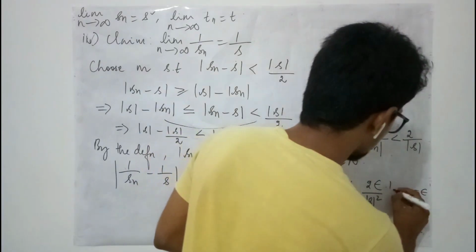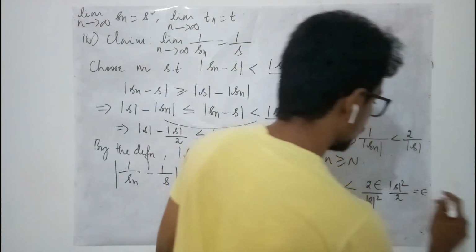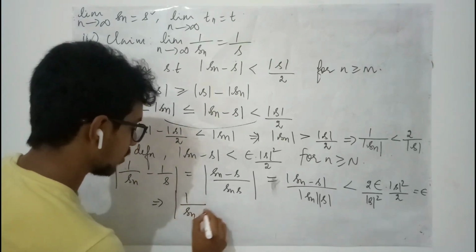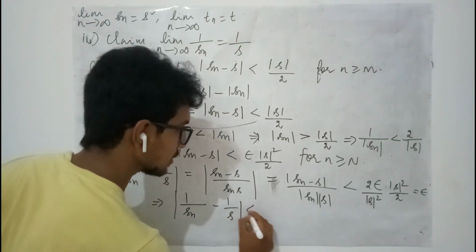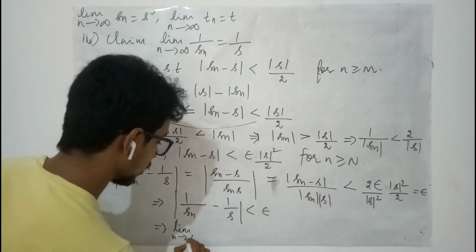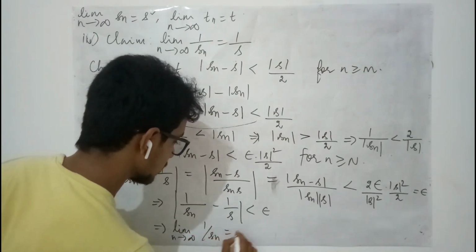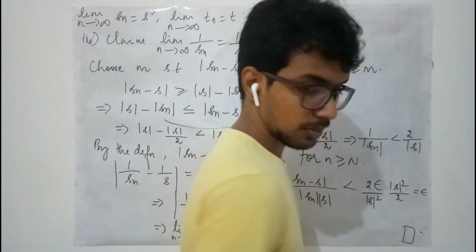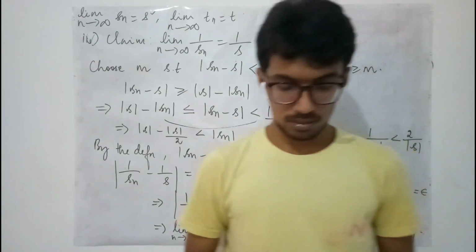When you do so, you will have it to be epsilon. That is, absolute of 1 upon Sn minus 1 upon s is less than epsilon, and this proves limit n goes to infinity 1 upon Sn is 1 upon s, and this completes the proof. Thank you.